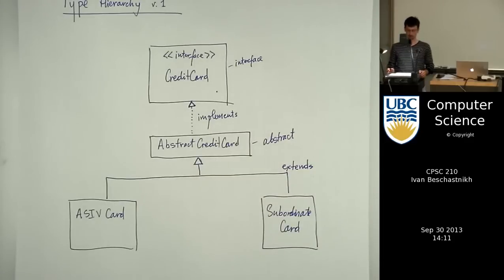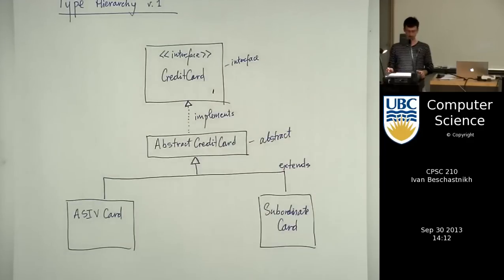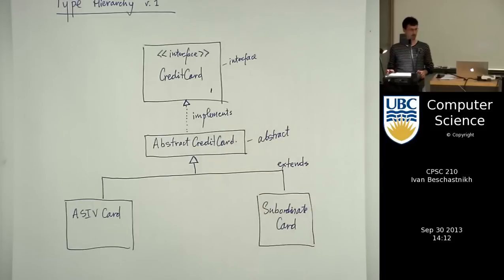So then that requires what? If I add it to this interface, what do I need to do? So if I have a method that's defined in the interface, what do I have to do in the class that implements that interface?